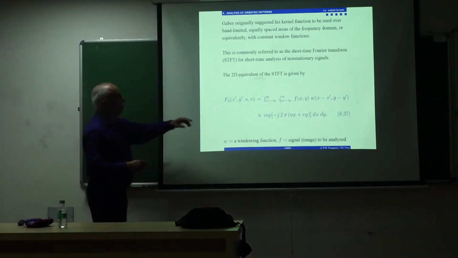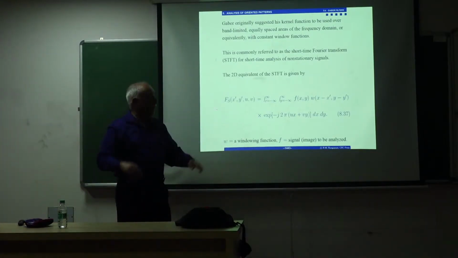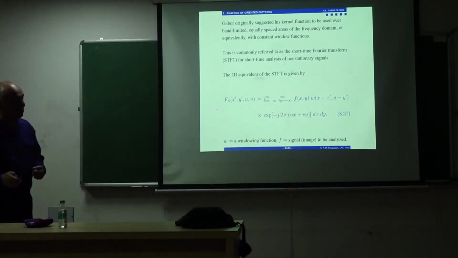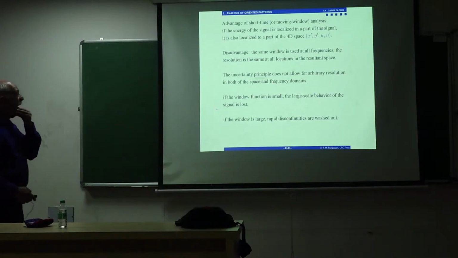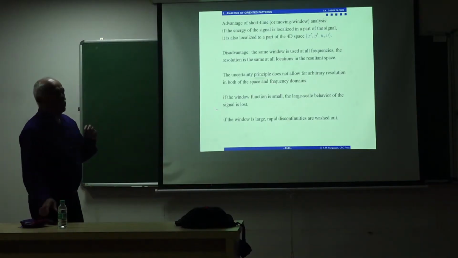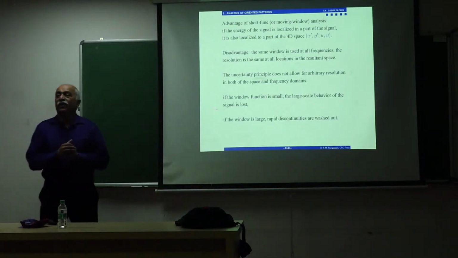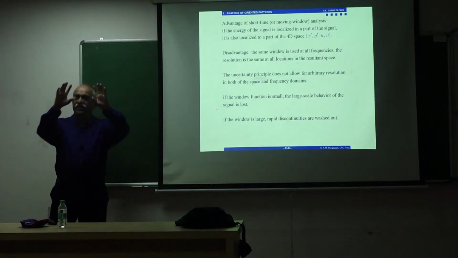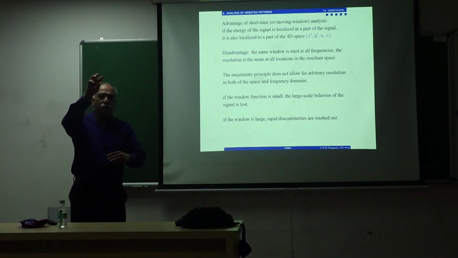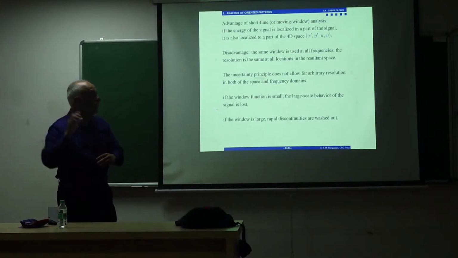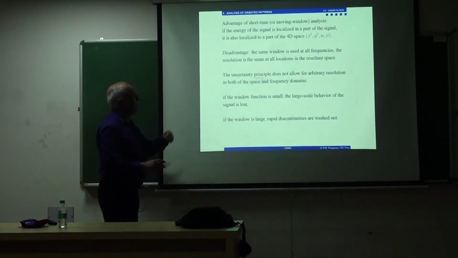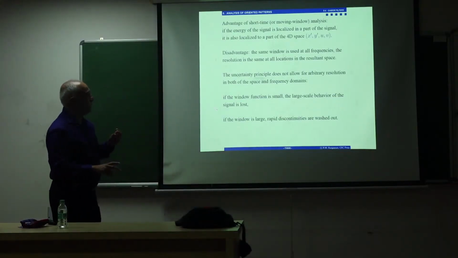Now the image is 2D, the displacement is in 2D, so the spectrum is a 4D function. There are some advantages. You are addressing non-stationarity. The signal is changing over time or space, so you are taking small portions and getting the spectrum of what is present there. But then the same window is used at all frequencies, and the resolution is the same at all locations in the resultant space.